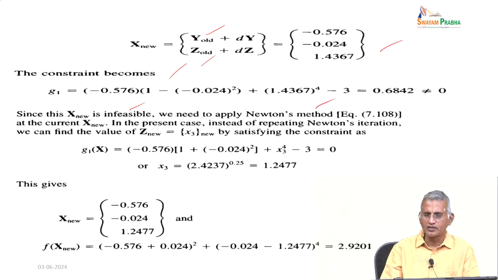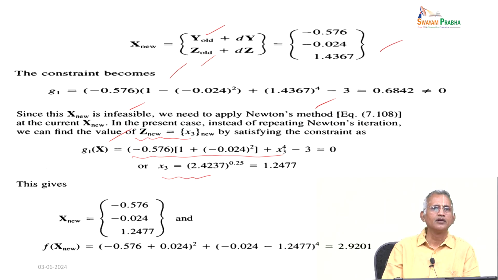Now, apply Newton's method at the current x new. In the present case, instead of repeating Newton iteration, we can find the value of z new equal to x3 new by satisfying the constraint g1 of x equal to 0, substituting the corresponding x1, x2, x3 values, so that you can get the value of x3 equal to 1.2477.